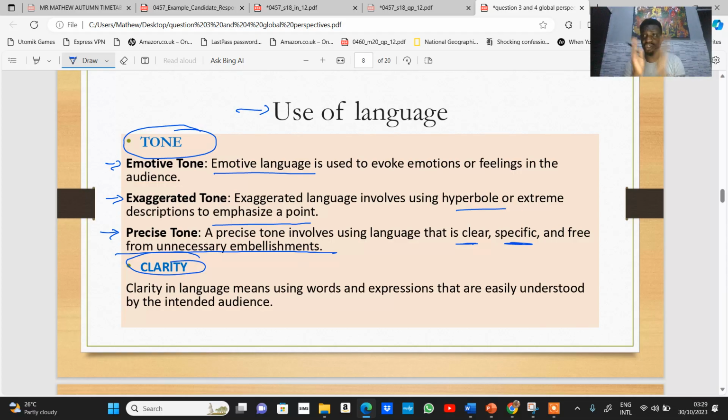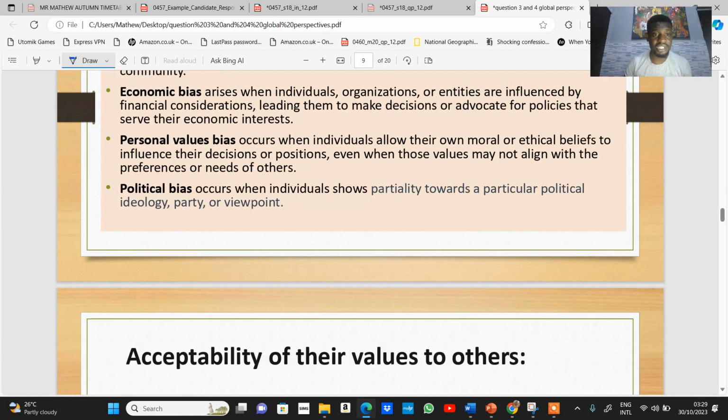So it's just clear, straight to the point. It's specific. You don't need to stress yourself to find out the meaning of that statement. So clarity, which is the second part, means using words and expressions that are easily understandable by the intended audience. So you don't begin to speak things that we don't really get.